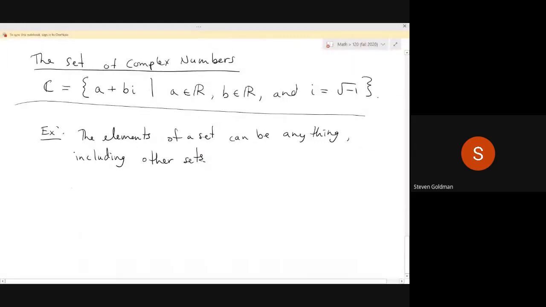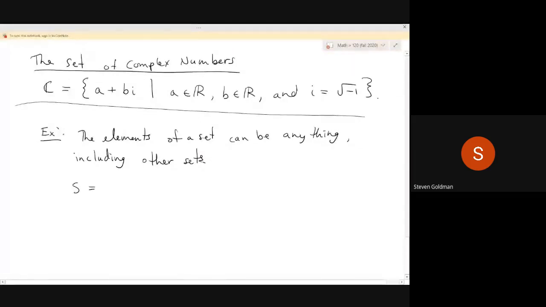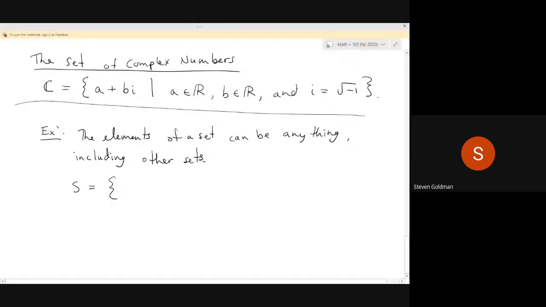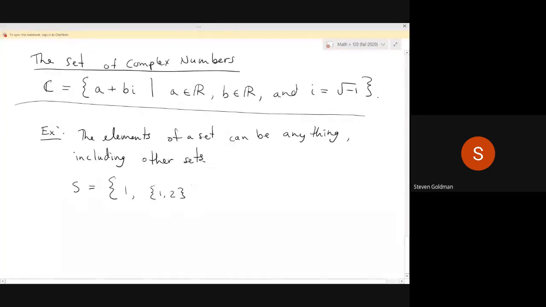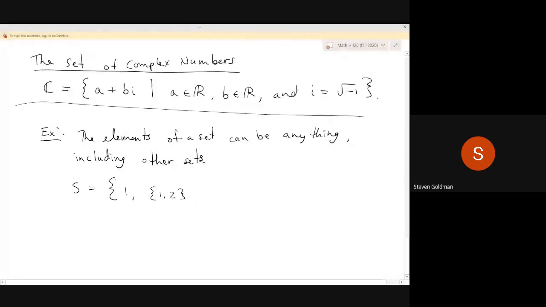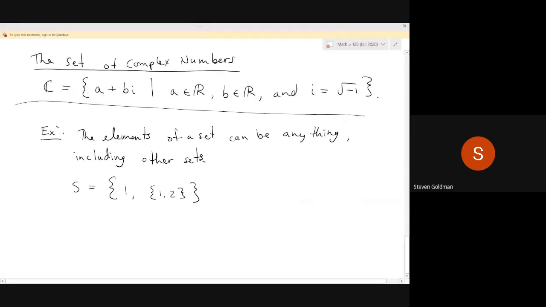So for example, I could have some set S whose elements include, let's say, the number 1, and also include a set that has the numbers 1, 2. So here is a set. How many elements are in set S here?